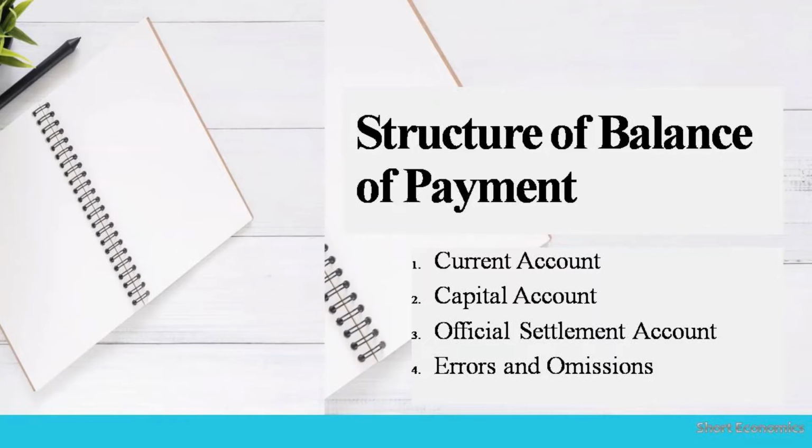Current account of balance of payment records receipts and payments from export of goods and services, and it has two subcomponents.